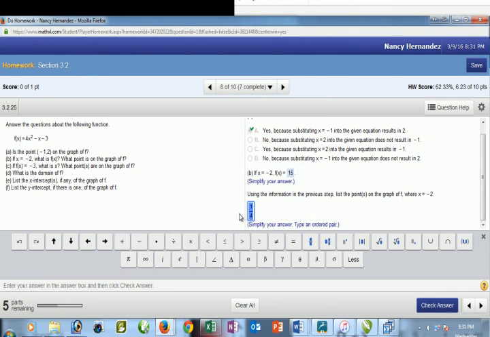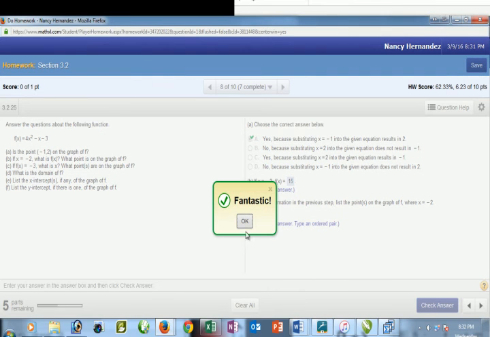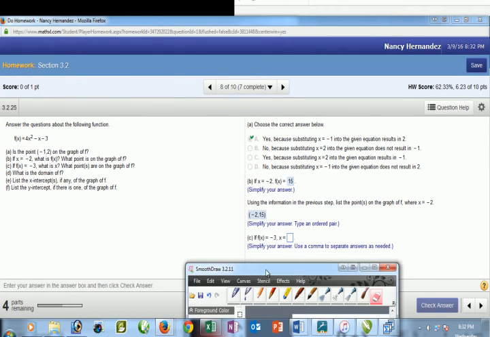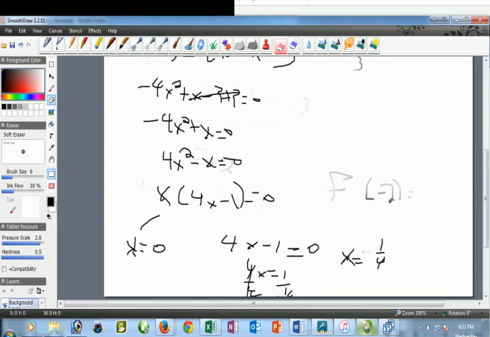My x was -2, comma, 15. Done. What I just did before that was part C, when y was -3. Go back and recall that x was 0 and 1/4. Two intercepts.